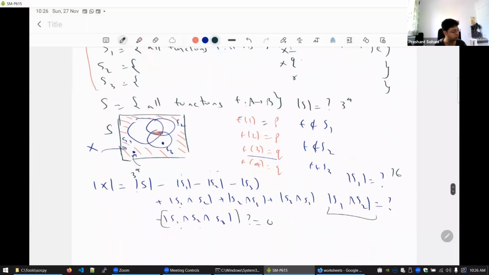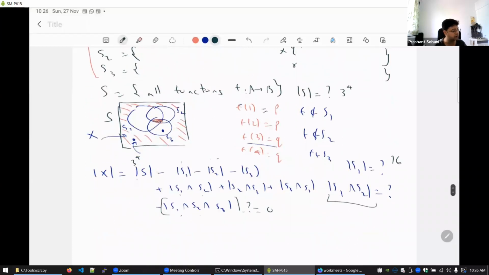So therefore, now we know the count of each of these intersections. So can we write the answer of capital X now? So it will be 3 raised to 4 minus, all of these can be grouped into 3 times 16, or let me write it as 2 raised to 4, plus all of these can be grouped as 3 times 1 raised to 4 minus 0.